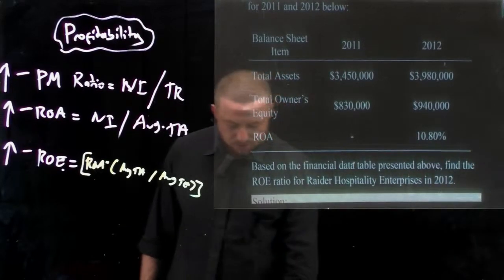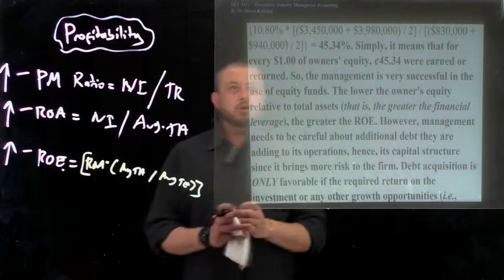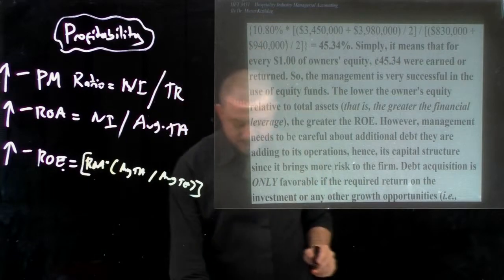Okay, so take a look at my solution, guys. It's not a big deal. All we have to do is a little bit more equation. So 10.80% ROA is given on the table.